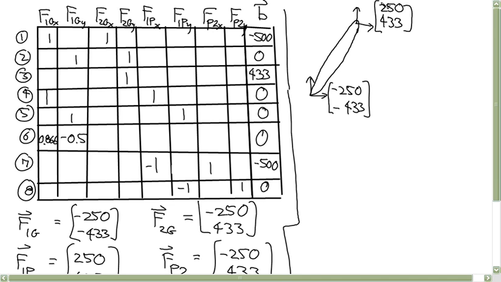You call it a two-force body, and those forces have to be equal and opposite, and they have to be pointed from one force point to the other force point. So they can both be pulling and the member's in tension, or they can both be pushing and the member's in compression.